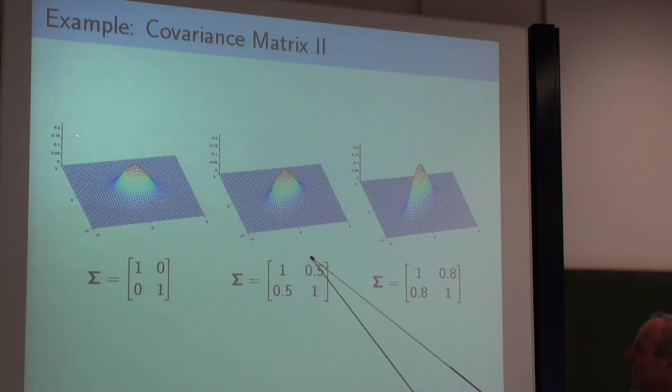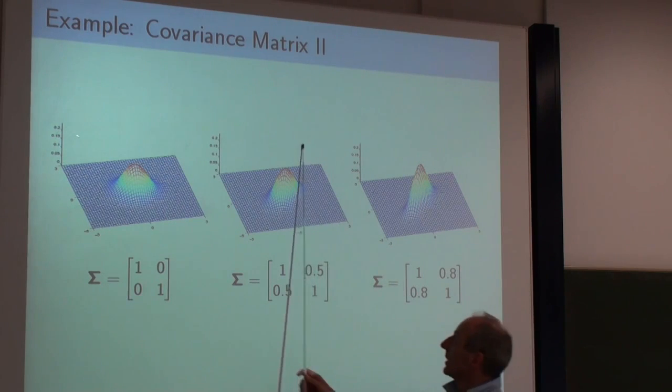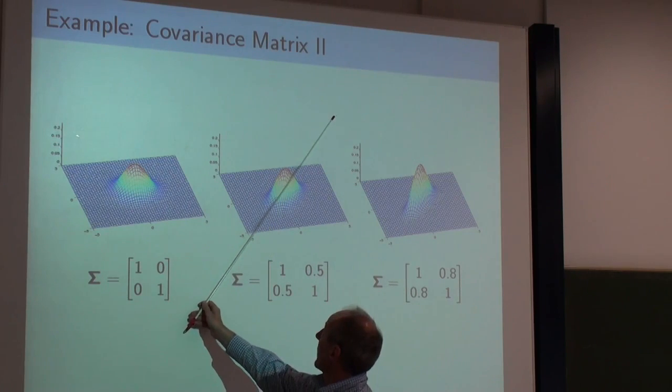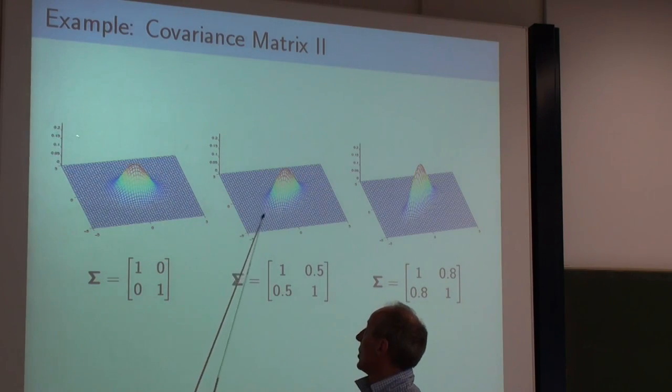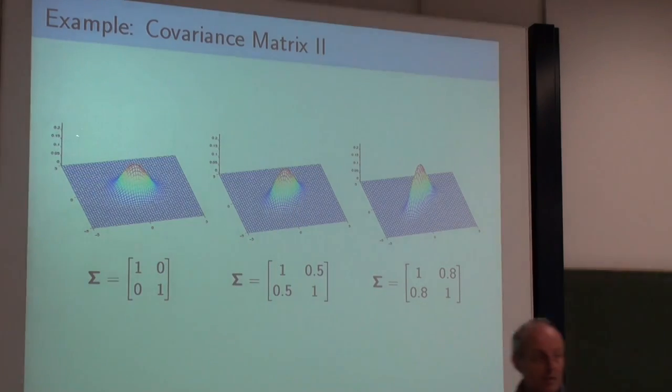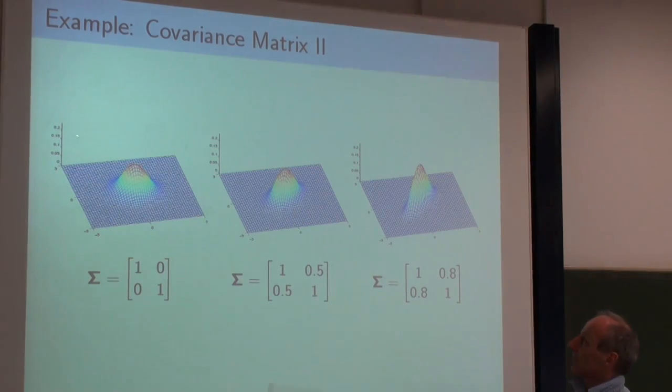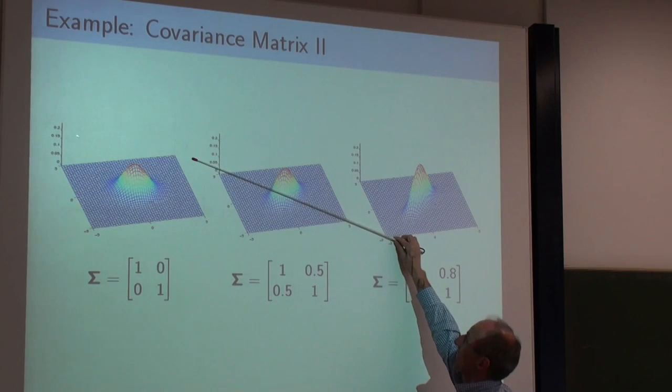This covariance here tells us that x and y are no longer independent. We do have a positive correlation between x and y. And positive correlation means that typically data will be distributed along this diagonal. If we have a negative correlation, we would have something like that.